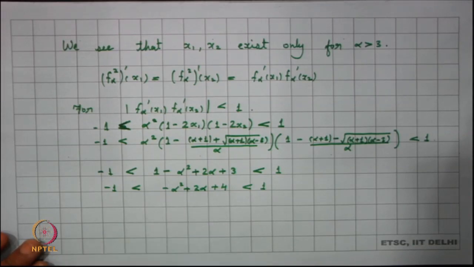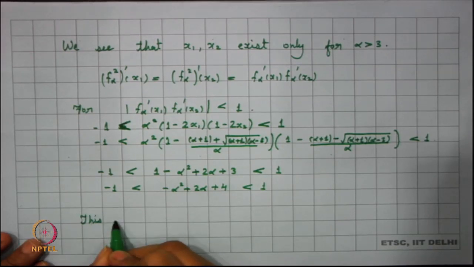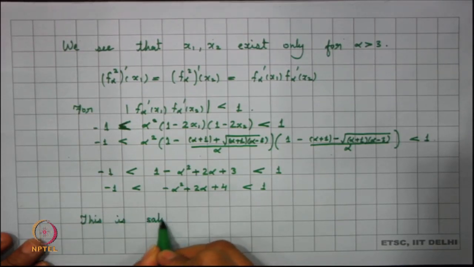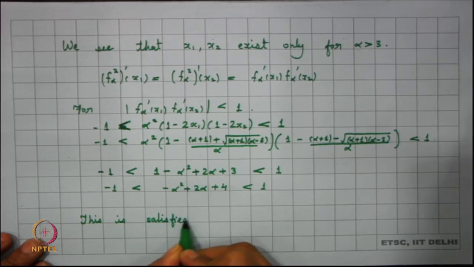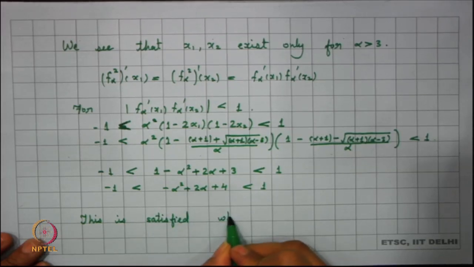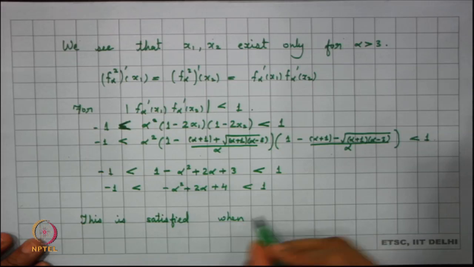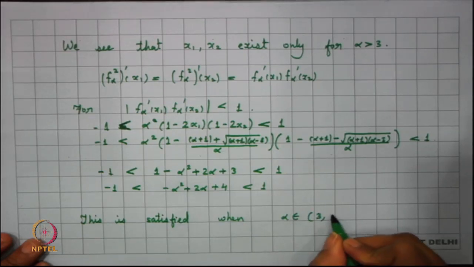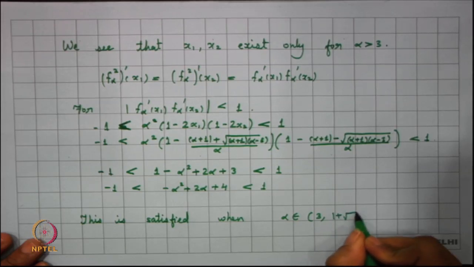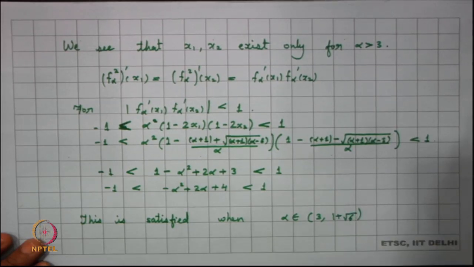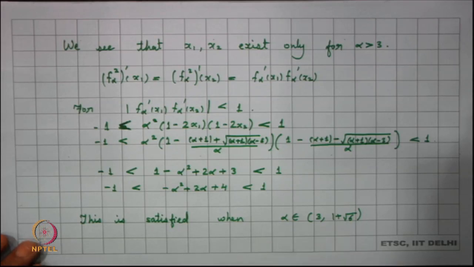Exactly this is satisfied when my alpha belongs to, of course it should be greater than 3 and goes up to 1 plus root 6. This is satisfied for these values of alpha.